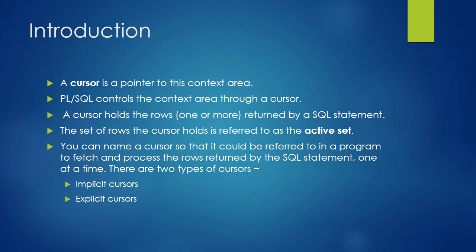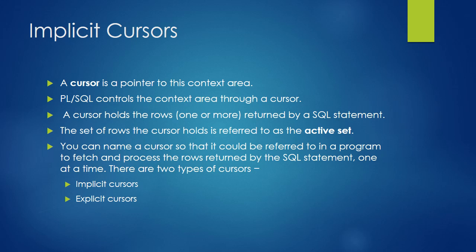There are two types of cursors: implicit cursors and explicit cursors. Implicit cursors are automatically created by Oracle whenever an SQL statement is executed, when there is no explicit cursor for the statement. The programmer cannot control the implicit cursor and the information in it.